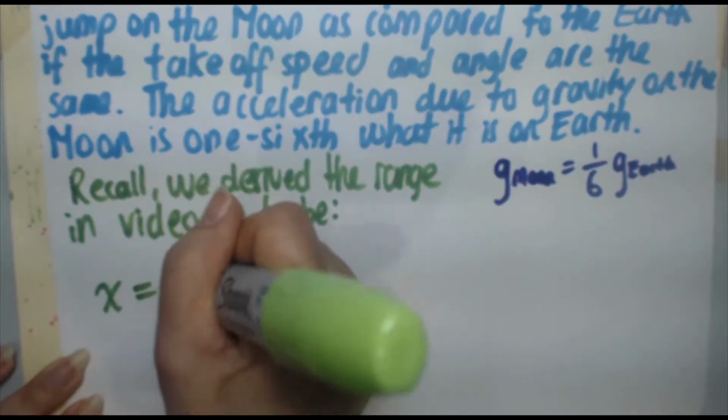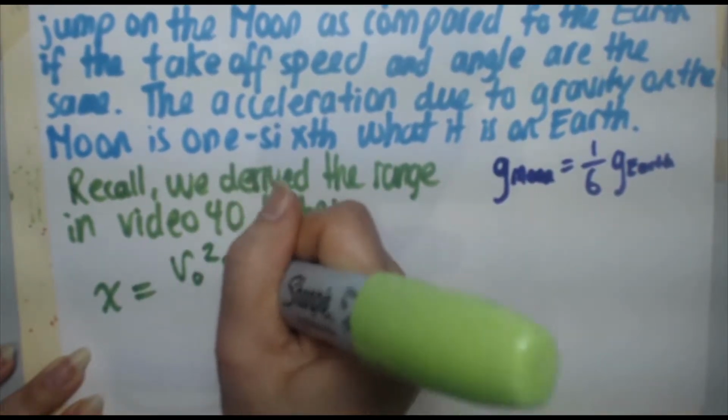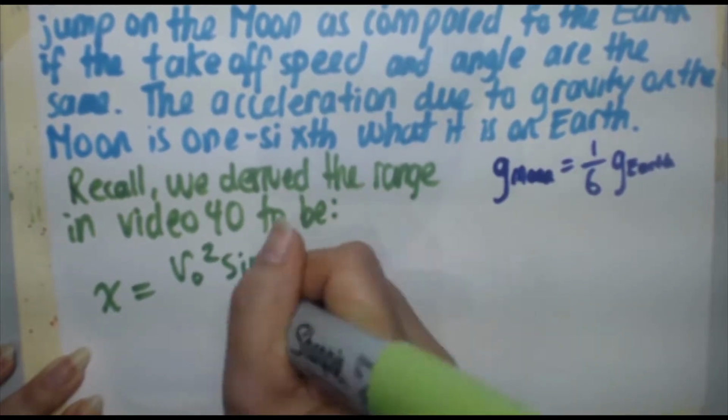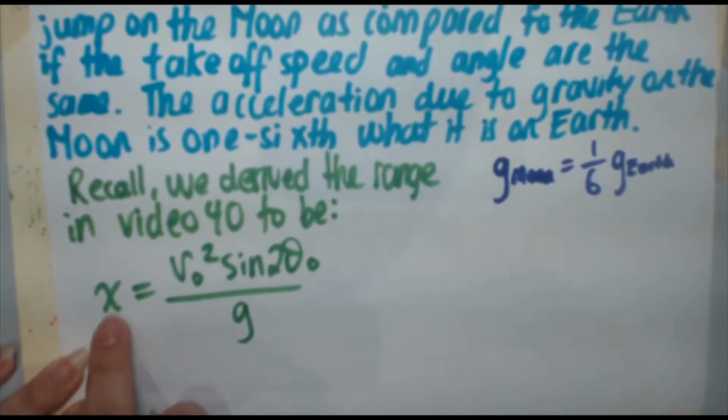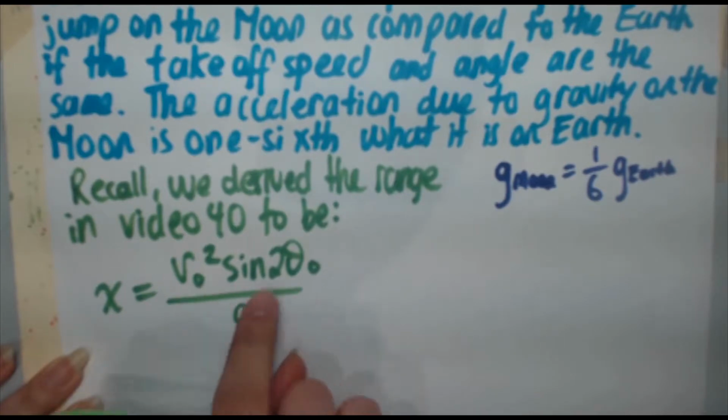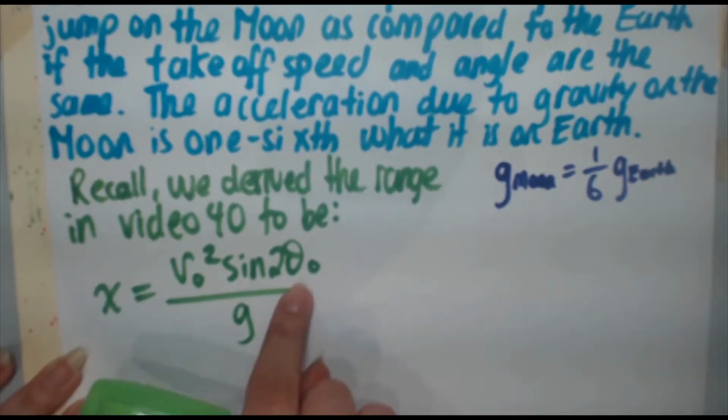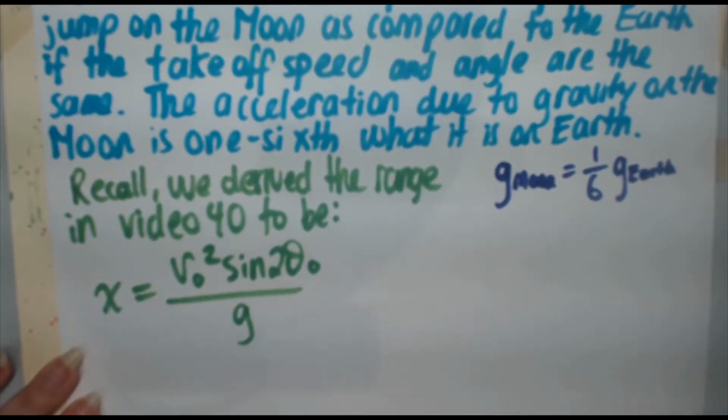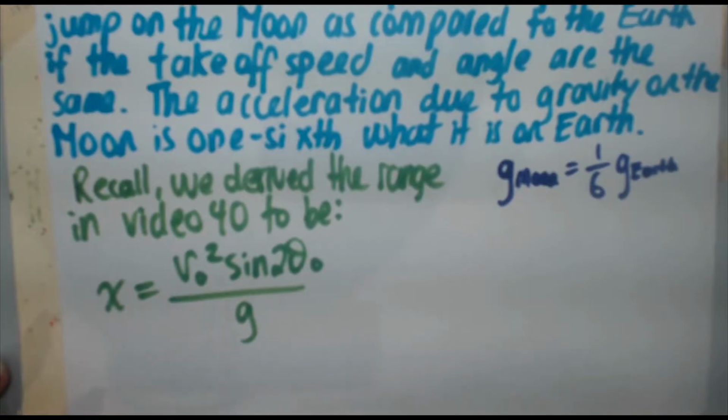X is equal to v naught squared sine 2 theta naught over g. X is your range, v naught is your takeoff speed, theta naught is the initial takeoff angle, g is the acceleration due to gravity. Those are the things we're dealing with in that problem. So that's our general statement.